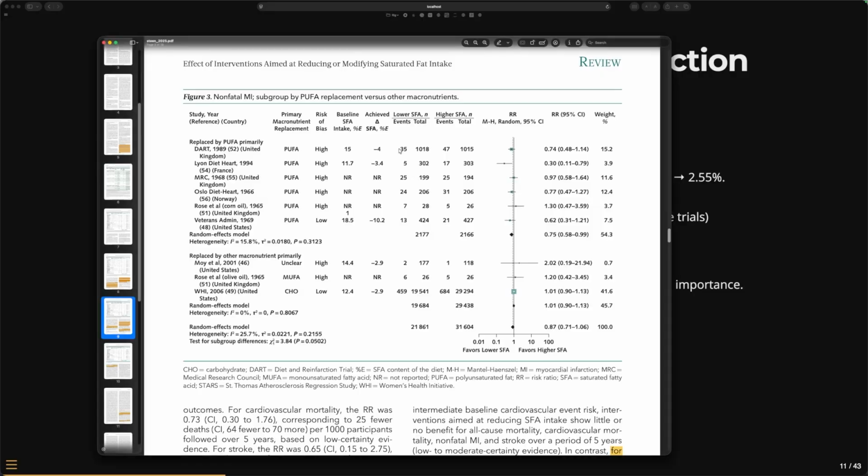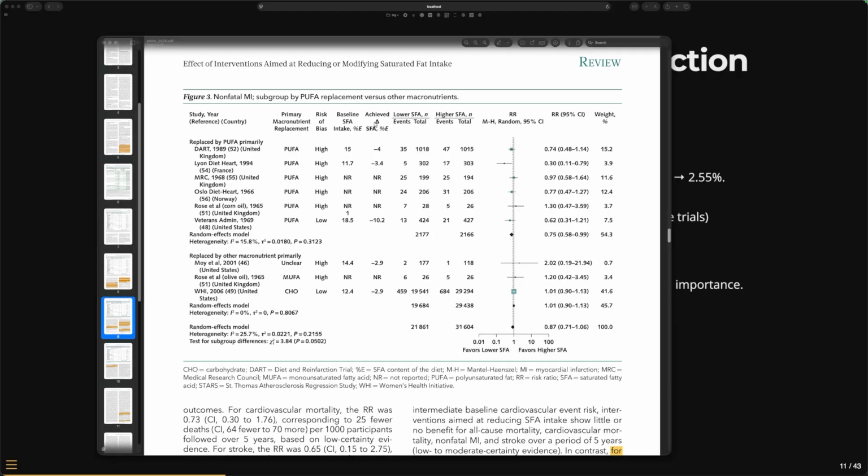I don't want to do it for the overall, because then you have to weight the studies, and I don't want to go through all that calculation. But the numbers here represent the events in lower saturated fat, so that would be the intervention diet, compared to the events in the higher saturated fat, which is the control diet. And in this case, events means non-fatal myocardial infarction, right?